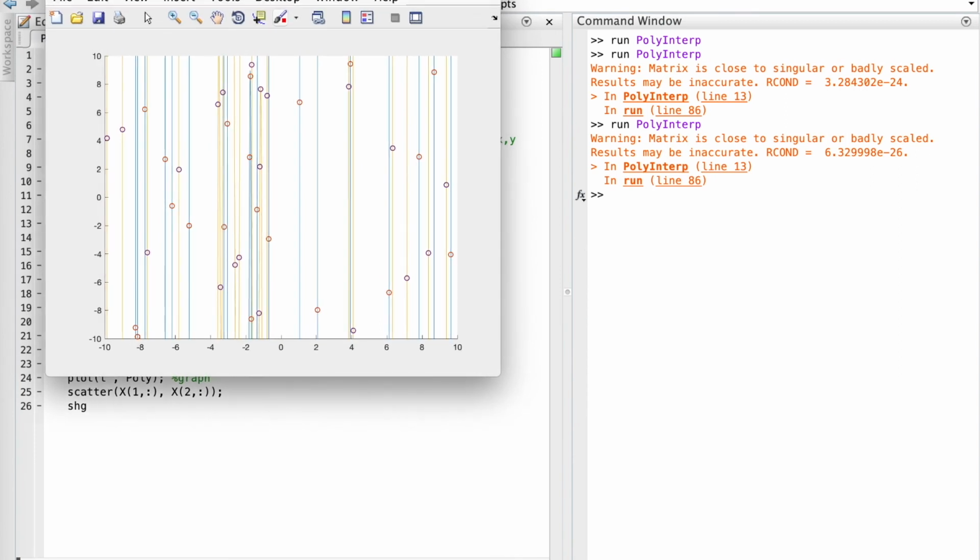So there are two problems here, as far as I see. Problem number one, when we randomly pick points in this interval, we quite often get points whose x-coordinates are very close to one another relative to the other numbers in this problem. So you see there's almost a vertical line going between them.